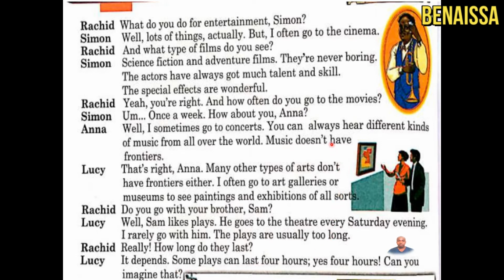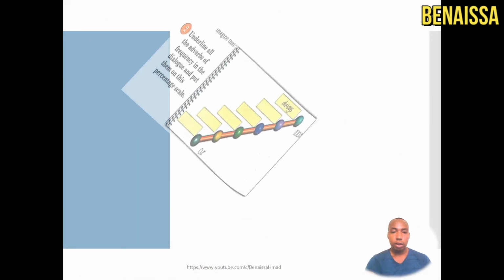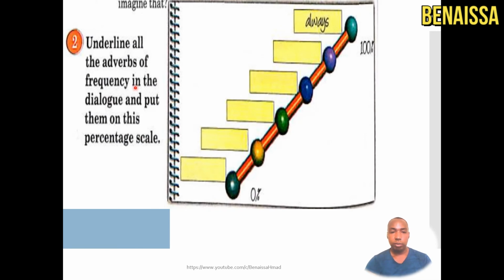And there is another word which is never. Okay. Let's try to put them on the scale. So the scale: always, usually, often, sometimes, rarely, and never. Okay.